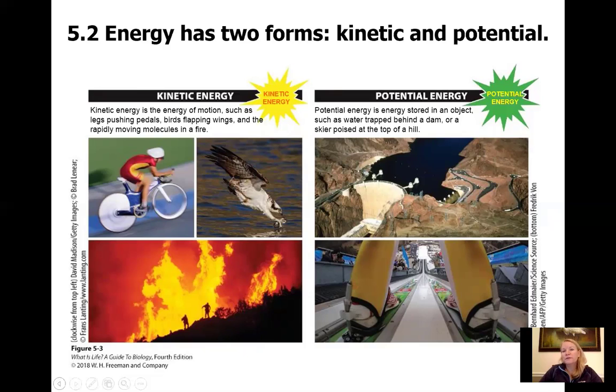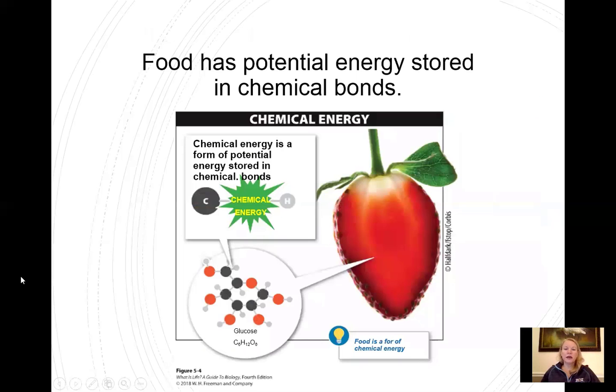So we also can look at food that way. Let's go ahead and do that. We can see the various amounts of potential energy when we look at food. What are those bonds? In the last chapter, we talked about macromolecules, the carbohydrates, lipids.